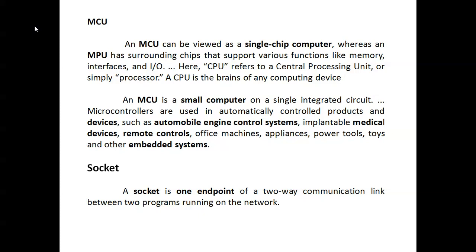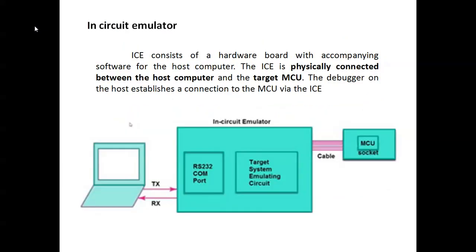Then socket, because we know MCU has a socket. A socket is one endpoint. There is two-way communication. In the link between two programs running on the network, this socket is the endpoint of the communication link, that is called a socket. So after the socket there is no communication.